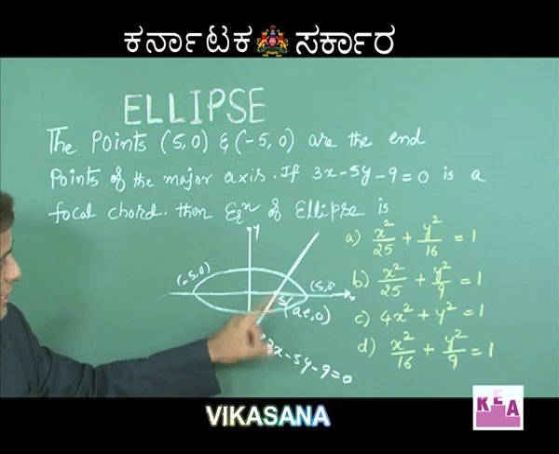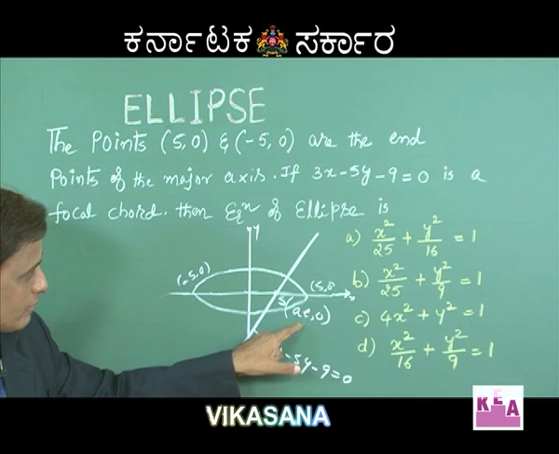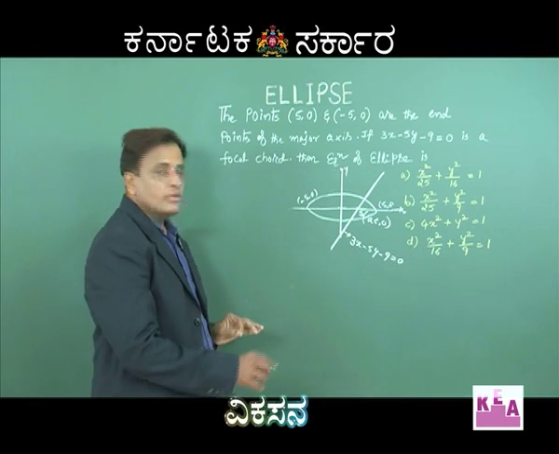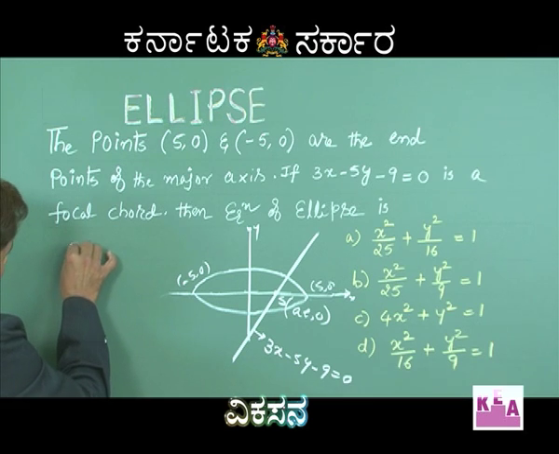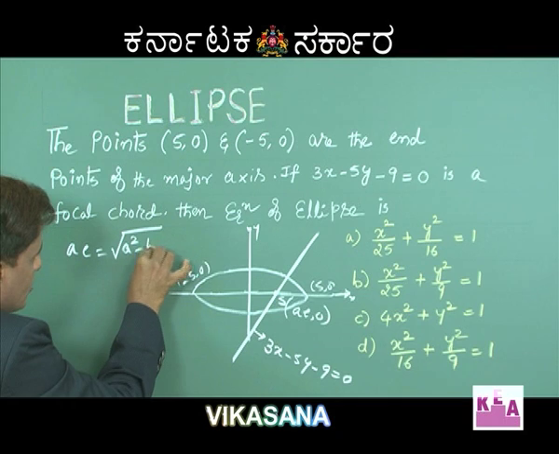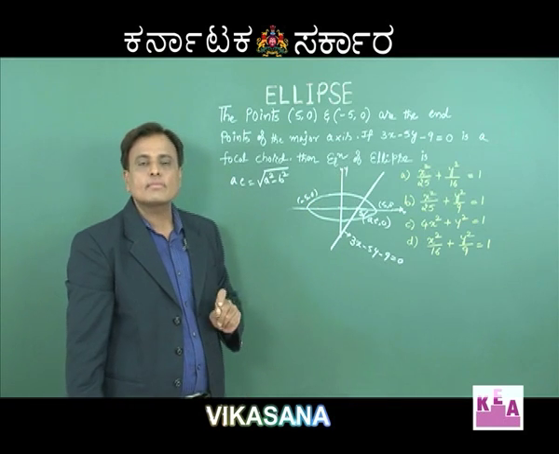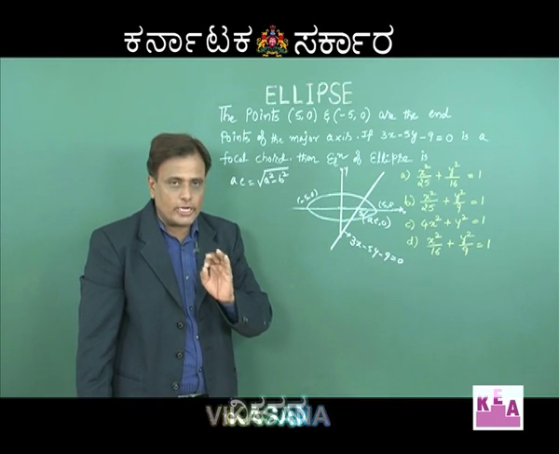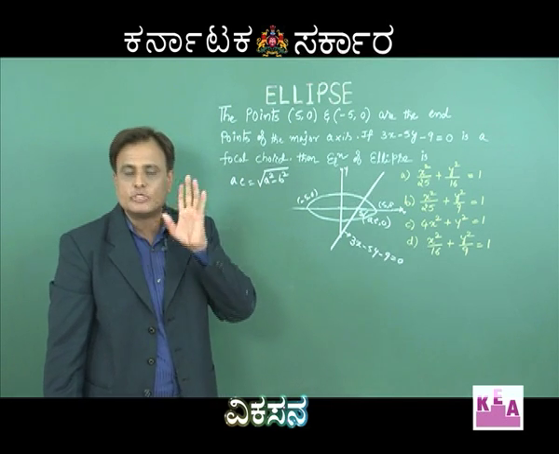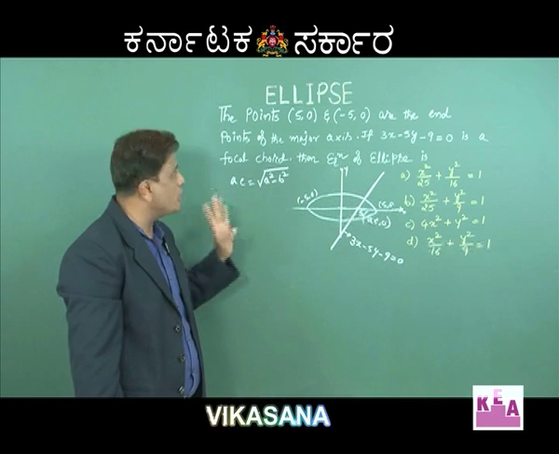But to satisfy it, we are not aware of the value of ae. Note down this important thing: in an ellipse, ae is always equal to the square root of a² - b². We will check it from the options now.